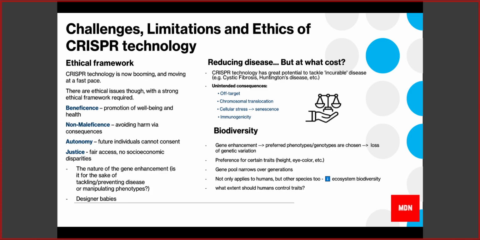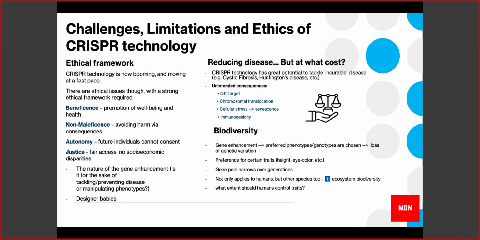And again, when we look at gene enhancement, which is one of the CRISPR technology types, we need to examine the nature of it. Is it for the sake of tackling or preventing disease? Or are we just manipulating phenotypes? And this is where the ethical framework comes in, because it prevents malicious intent coming in and ruling over decision making.